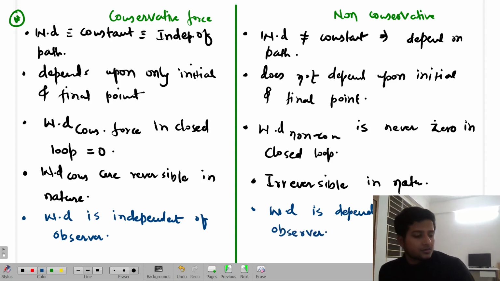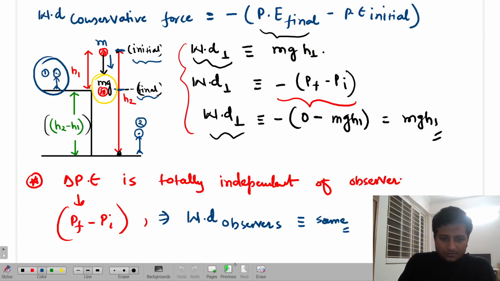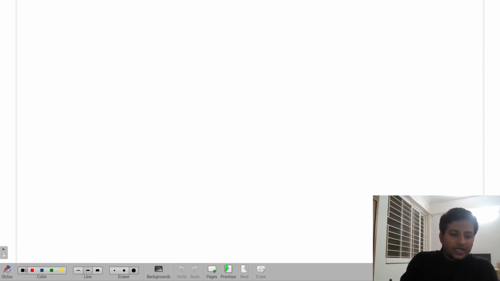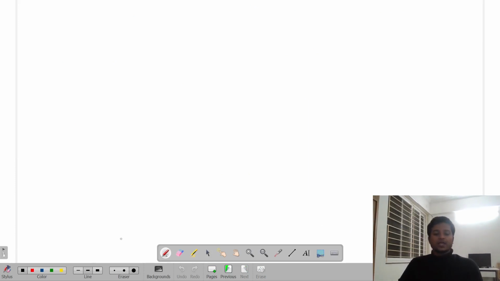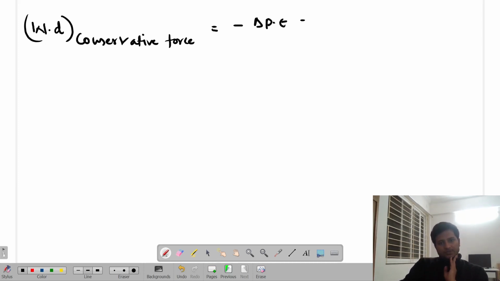Is this clear or not? So this was all your conclusion about conservative force and non-conservative force, where the work done by any kind of conservative force is given by only one equation, that is negative of change in potential energy, which is minus of P final minus P initial.